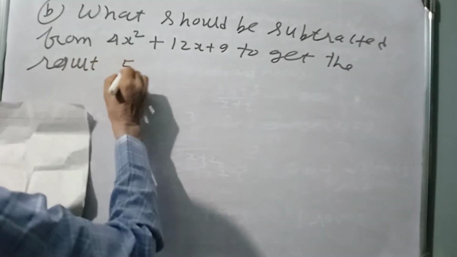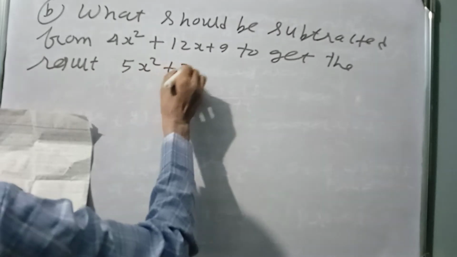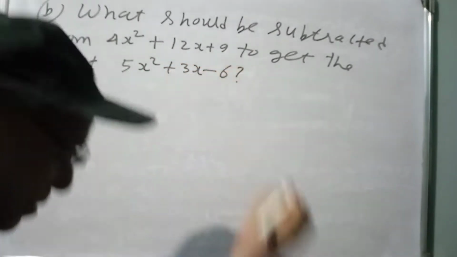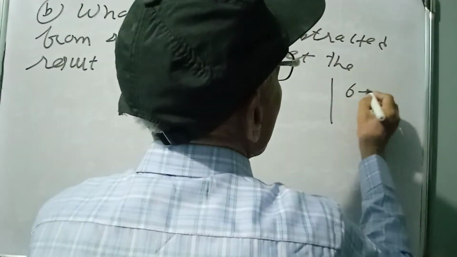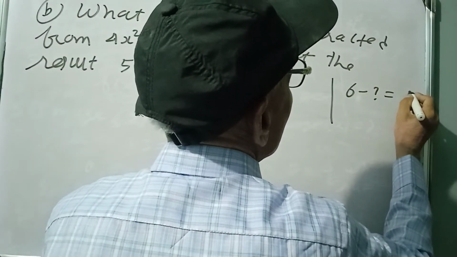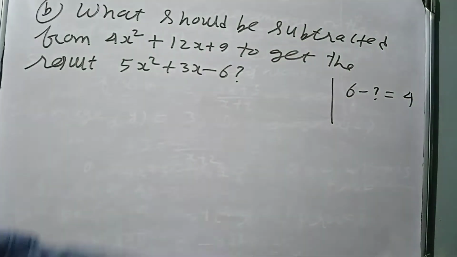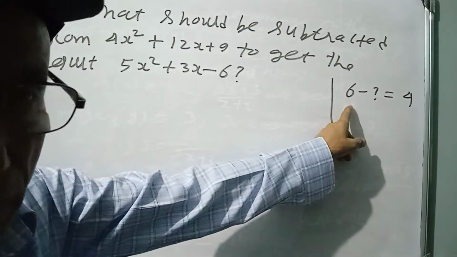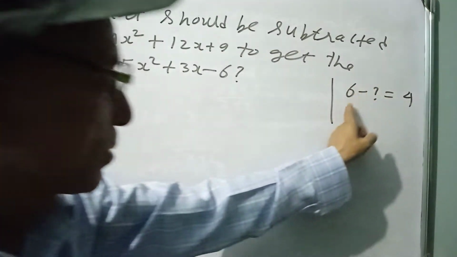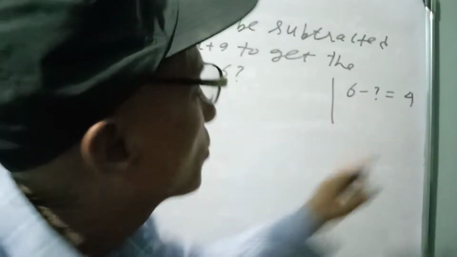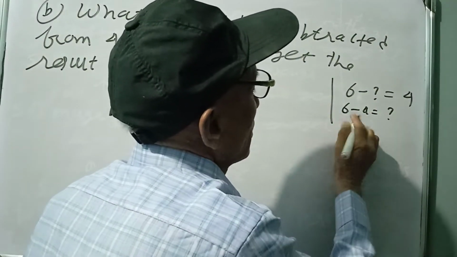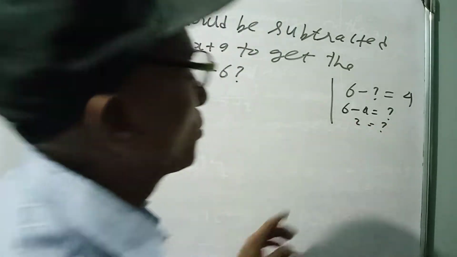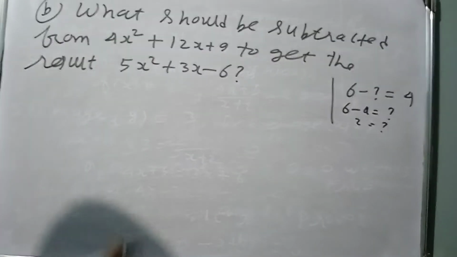The result is 5x square plus 3x minus 6. Simple question: how much should be subtracted from 6 to get 4? What should be subtracted from 6 to get 4? Subtracting 4 from 6 gives 2. That means 2 should be subtracted.